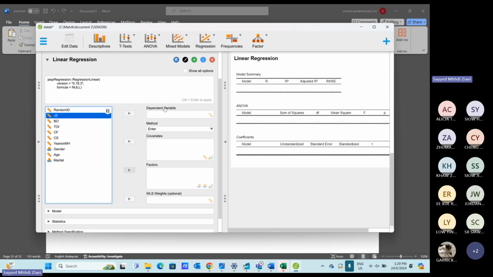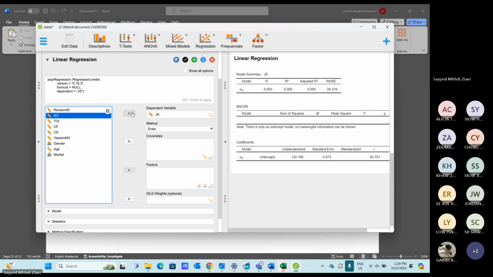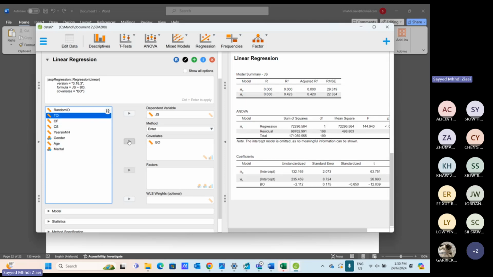GS is the dependent variable, and I want to analyze the relationship between GS, burnout, and turnover intention. So the covariates are BO and TOI.